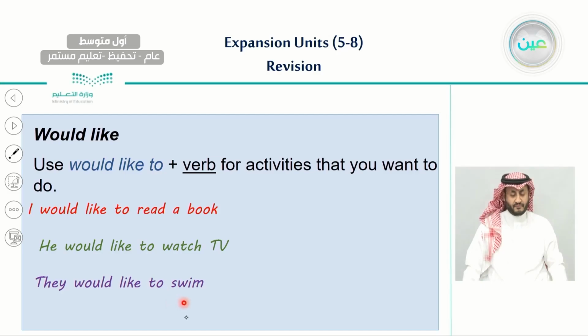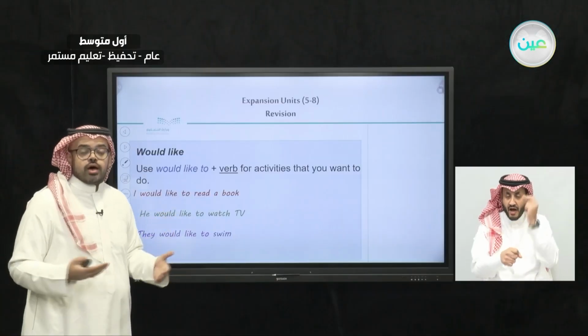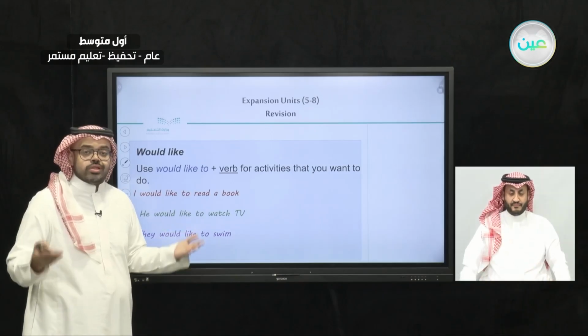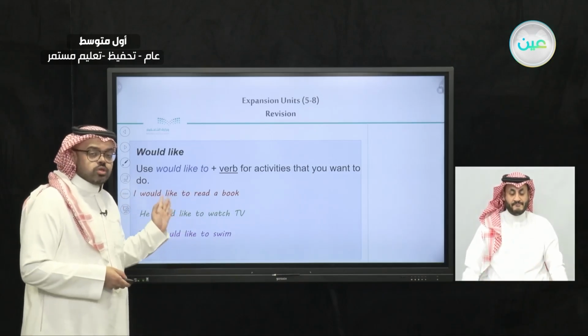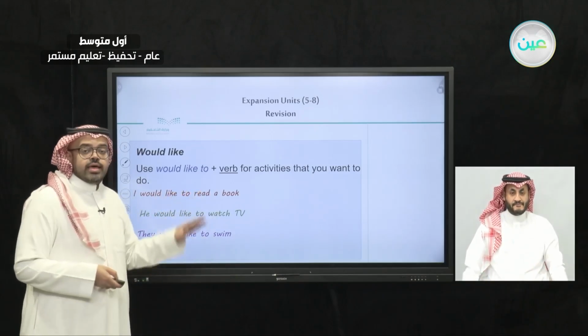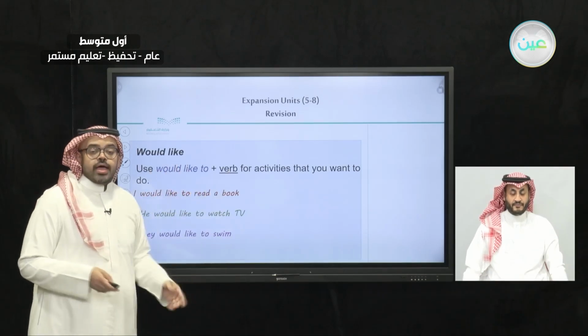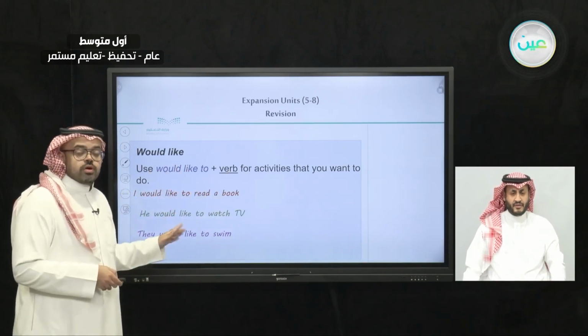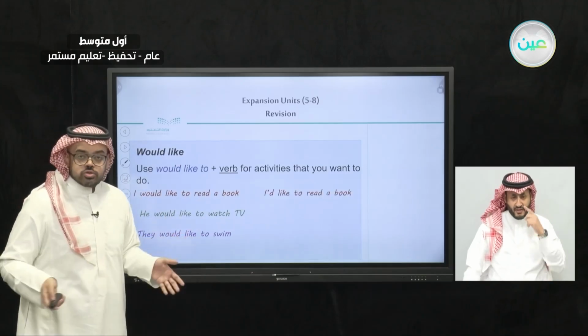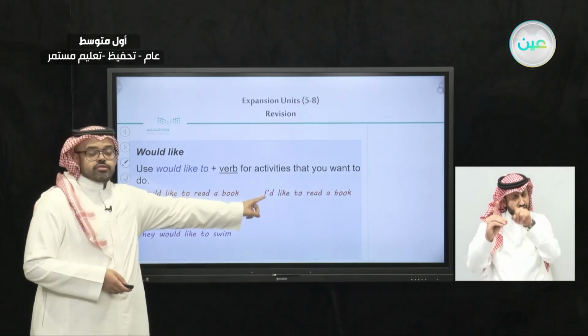So here is the second kind of the verb would like. The first one is would like plus a noun, and this is the second one, would like to plus a verb. And as we did with the previous one, this one also has a shorter form, which is apostrophe and a D.